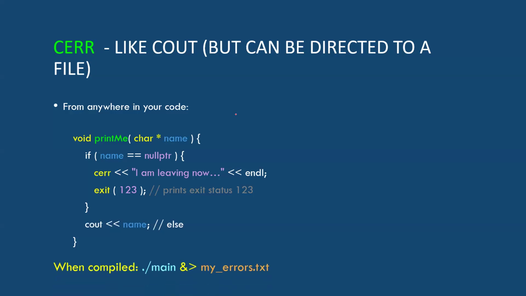So, for example, if I have an executable called main or main.exe, and I redirect, I say ampersand greater than, right? And there's a little gap here and a gap here, and I give it a file name, all of my error messages are going to just get plowed into this file right here. And these will still go to the screen.